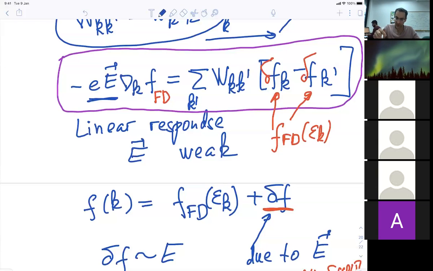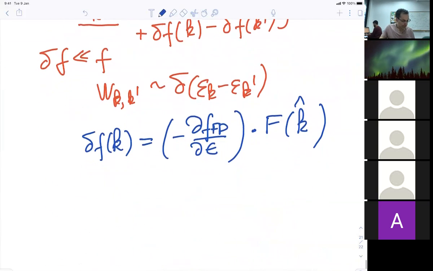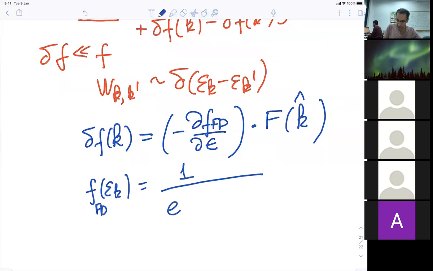Okay, so let us look at the left-hand side of this equation. What's really staying there? It's a derivative of the Fermi-Dirac distribution function. If you remember, the Fermi-Dirac distribution function of epsilon k is 1 over e to the power of epsilon k minus nu divided by temperature, plus 1.